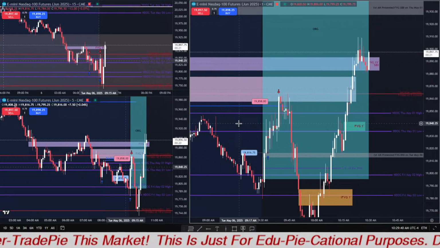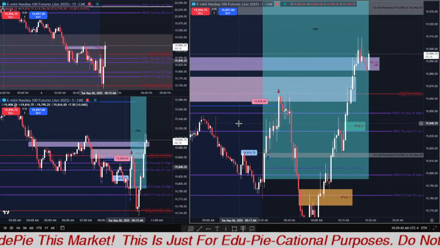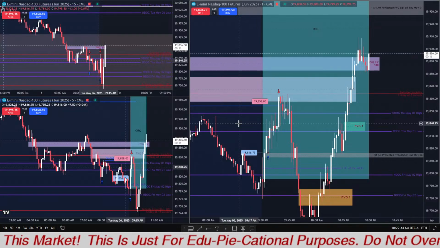But this candlestick has little intention and power to reach that point.